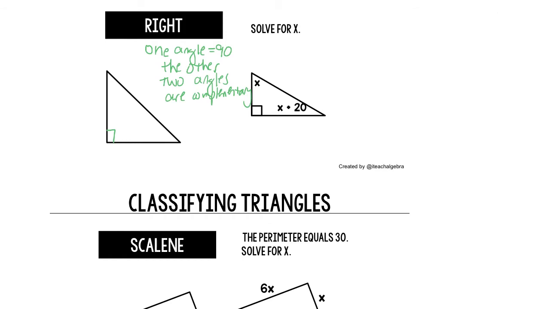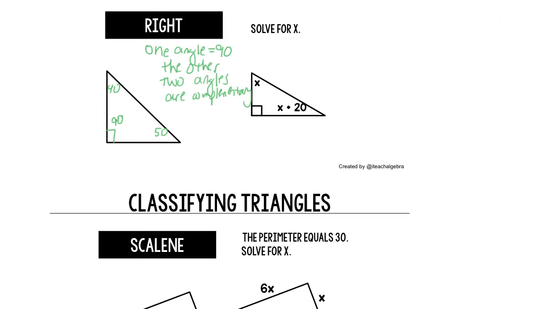So we know that this is the 90-degree angle in this triangle. We also have one that's 40 and one that's 50. So as soon as we know one angle is 90, the other two angles have to add up to 90.